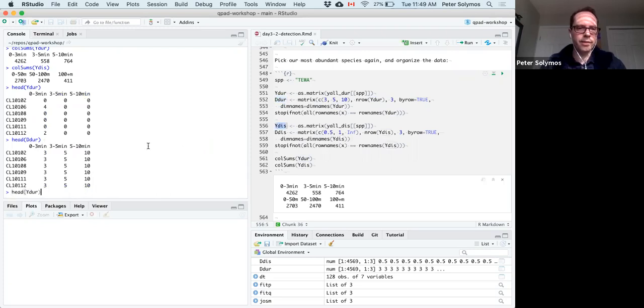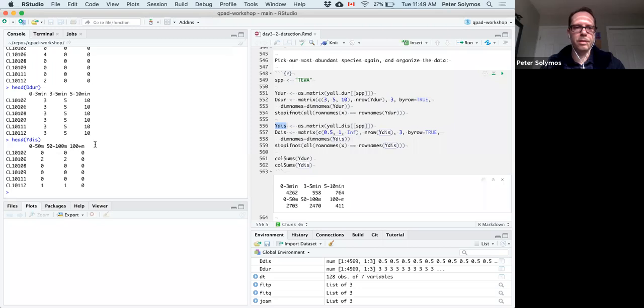Then we have the distance sampling related data input, 0 to 50, 50 to 100, 100 and beyond. And then another D matrix with the endpoints 0.5, 1, and infinity.